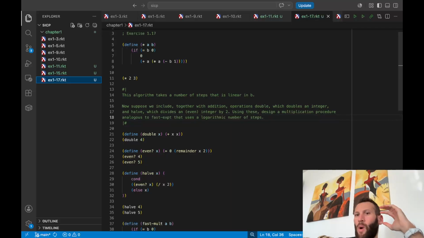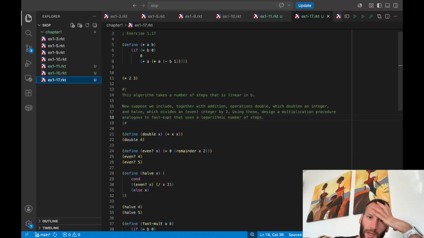In a similar way, one can perform integer multiplication by means of repeated addition. I want to stress this because it is the entire point of the exercise.